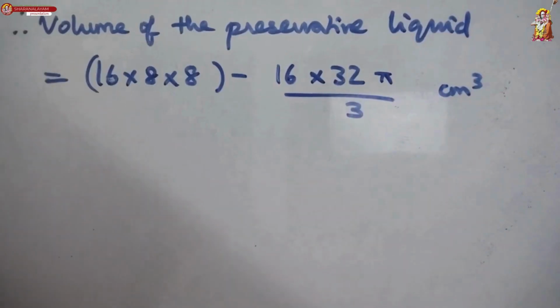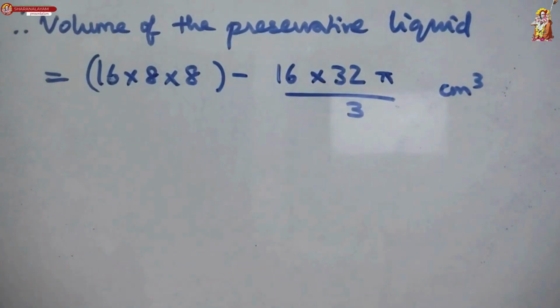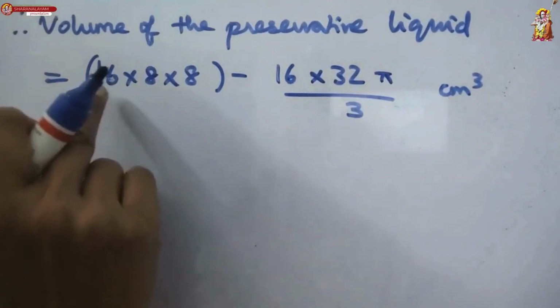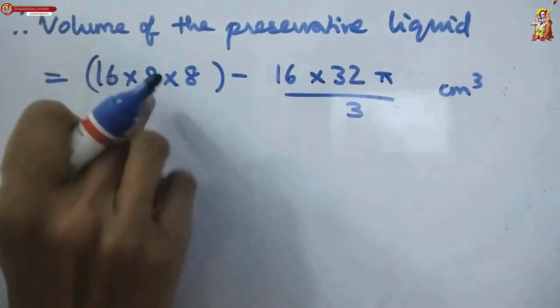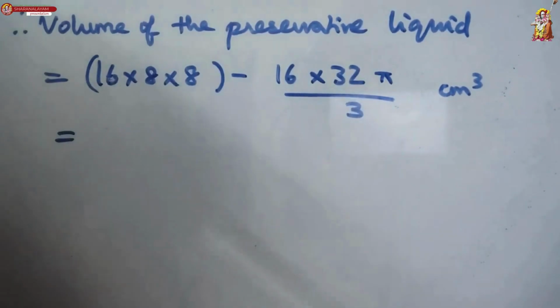Okay. Now the volume of the preservative liquid will be equal to the internal volume of the rectangular box minus the volume of the 16 metal spheres. Now 16 is common to both and this is 8 into 8, 64. This is 32, right? 32 times 2 is 64.